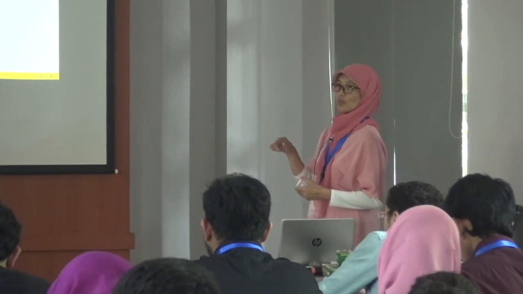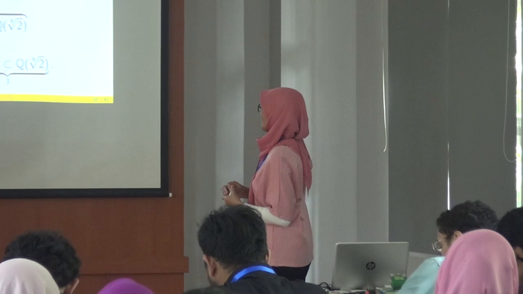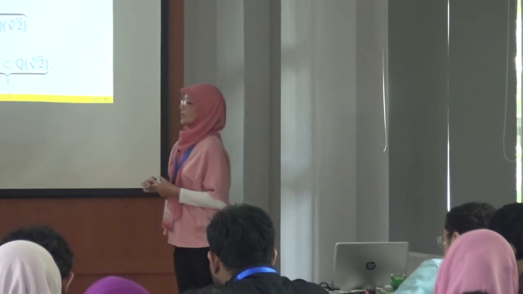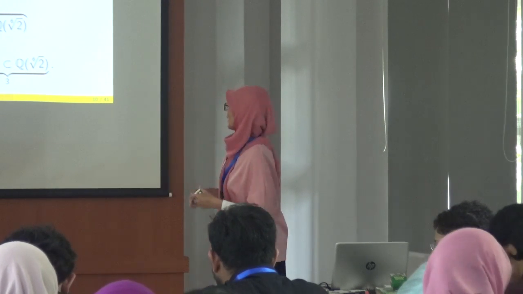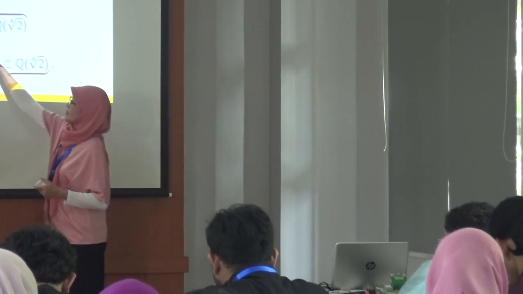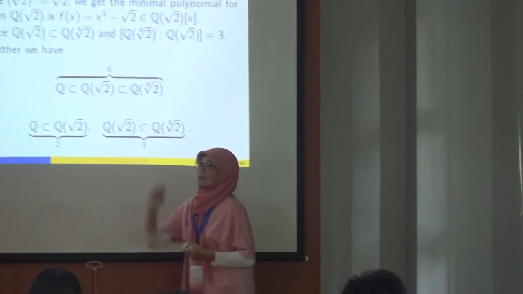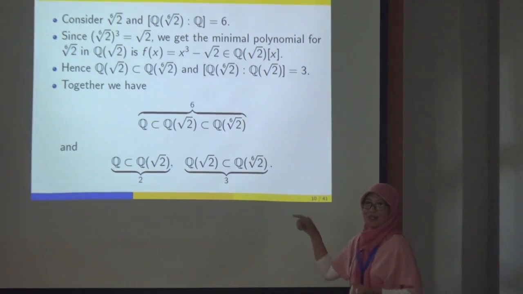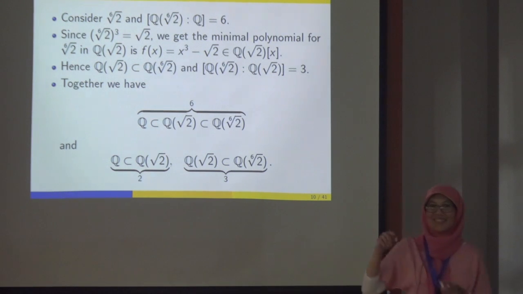Okay, this is the example. We now consider the sixth root of 2 as alpha, and the dimension is 6. We have this situation: Q is contained in Q(square root 2), sorry, I'm still confused with this notation here.